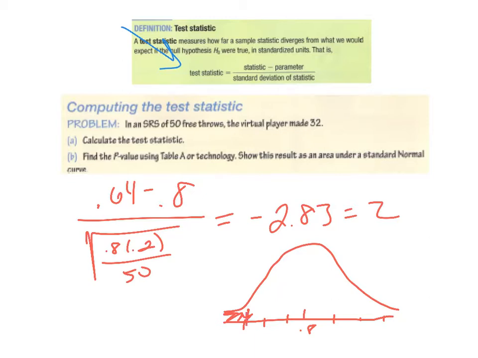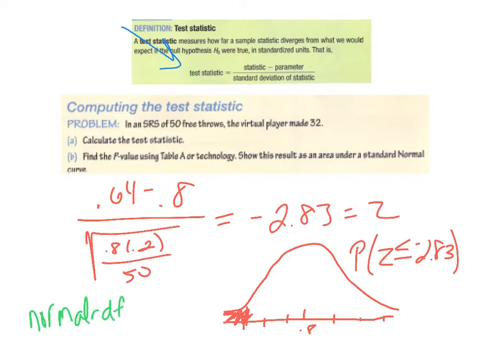So we're looking for the probability that z is less than or equal to negative 2.83. I can plug this into my calculator, using normal CDF, to get the area under the curve.